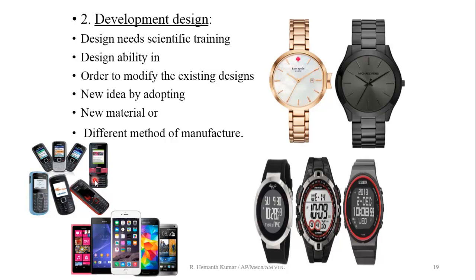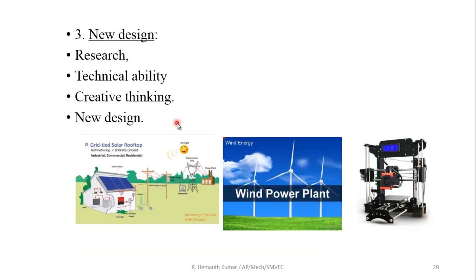In this case, development is done, so it is termed development design. A new idea is used. Instead of a number pad, they have modified the number pad to a touch phone without any buttons. So this is development design.